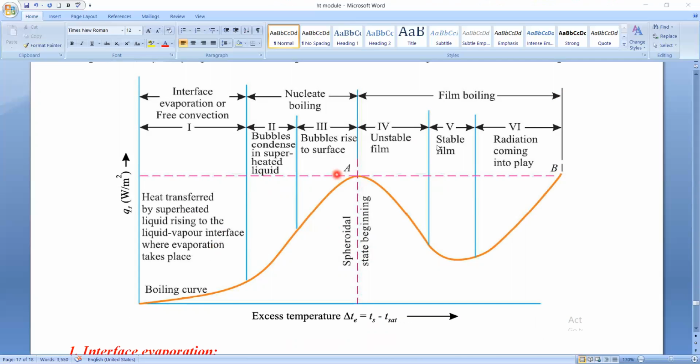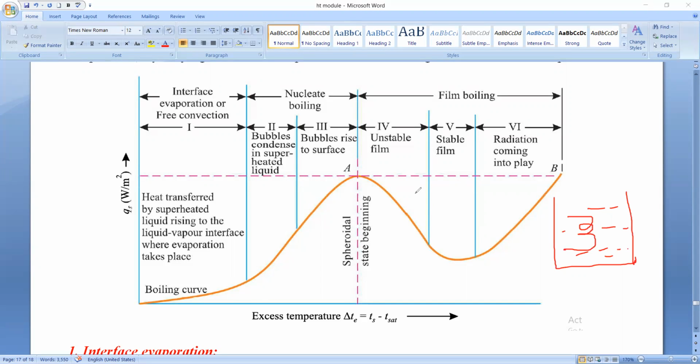The platinum electrical heater is submerged in water, and the water is at saturation temperature, that is Tsat. At 1 atmospheric pressure, the saturation temperature is around 100 degrees centigrade. At this condition, if you supply heat to this heater, the temperature of the heater gradually increases, and hence we can obtain this curve.